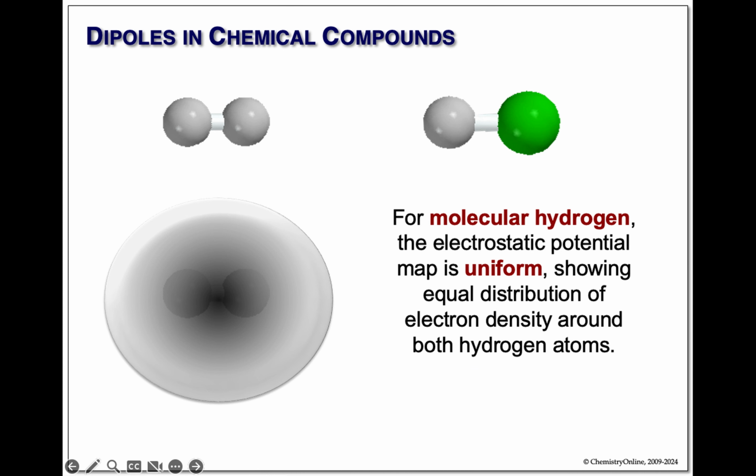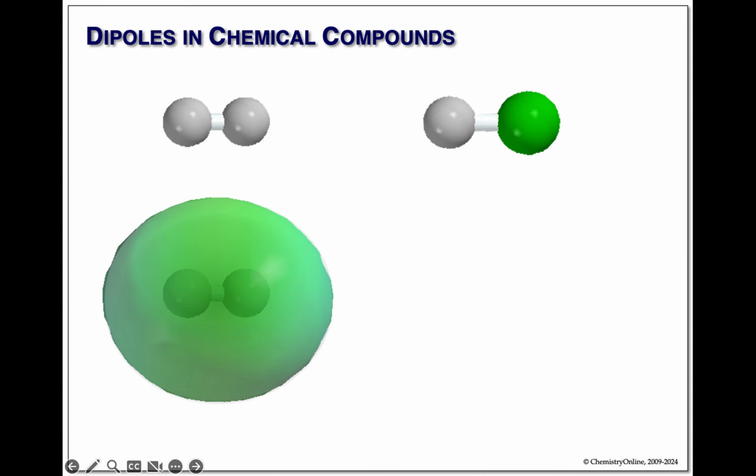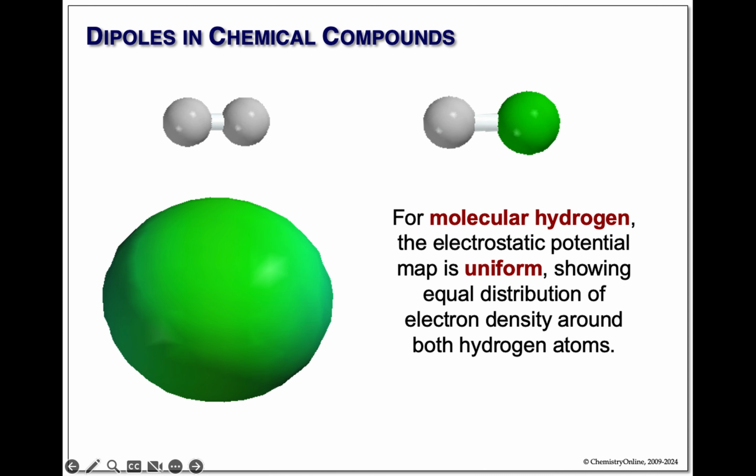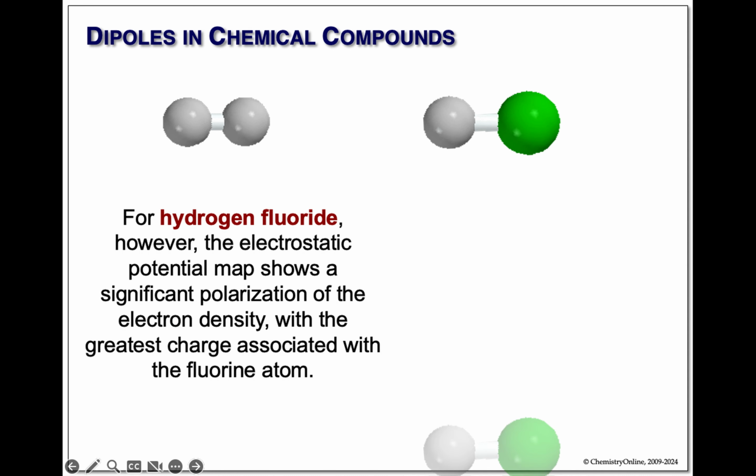So for hydrogen, the distribution is quite uniform and it looks something like this. They're both the same. That's good. You expect them to share nicely. Hydrogen fluoride is somewhat different. We're going to do the same operation. Start here.